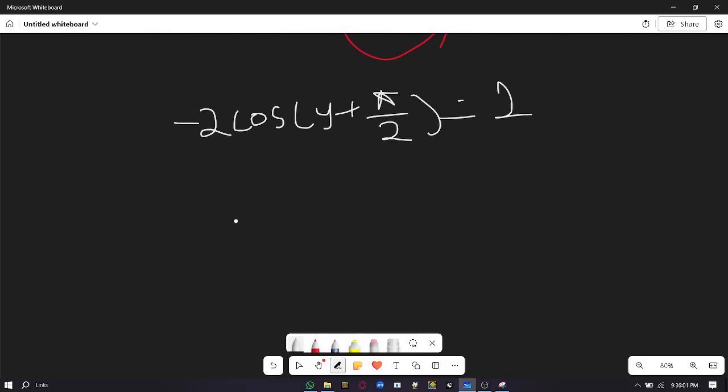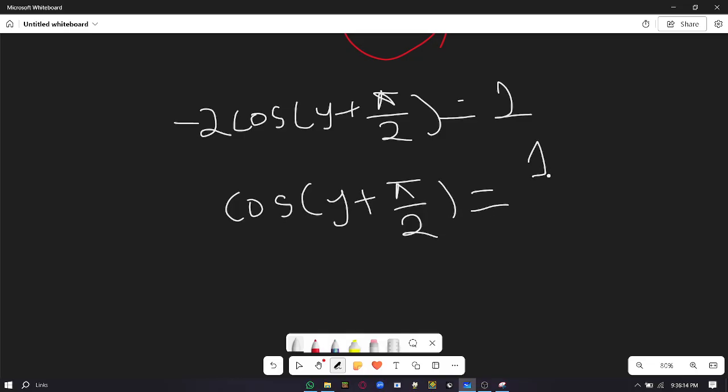We can write this as cosine of y plus pi by 2 as 1 by negative half.